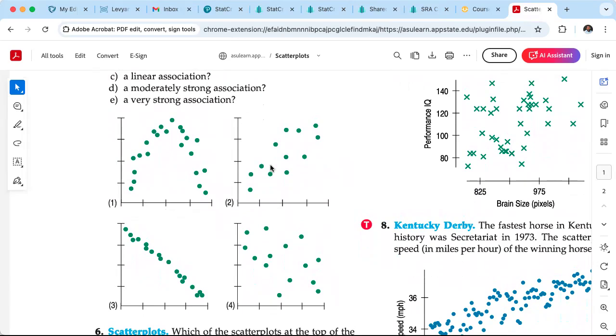Anybody want to try? The fourth one. She also said four, right? Anybody else? I would say none.